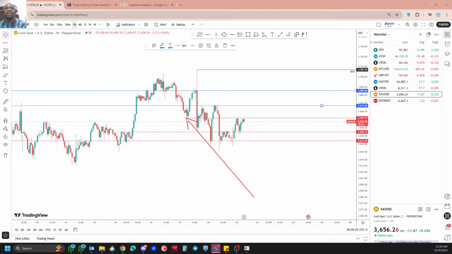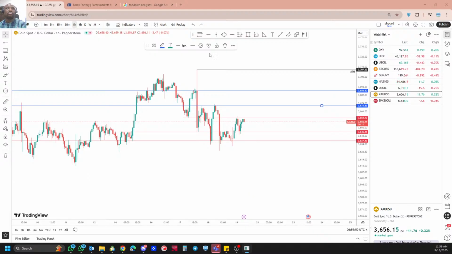Broke it down, went up again, turned to resistance here, broke it up, came down. Right now it's turning into a resistance, which was a support before, and we'll wait to see what price does. Is it going to continue going down or come up?